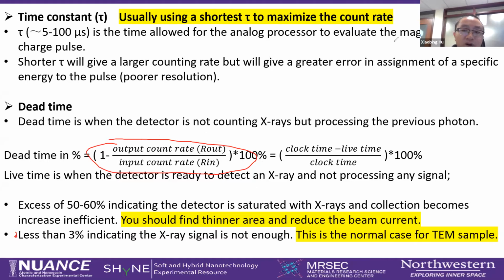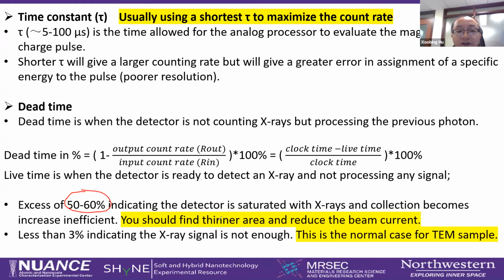When you do your experiment, if you see that the dead time is 50% or 60%, that is very high. This means the detector is saturated with X-rays and the collection becomes inefficient. For this situation, you have to adjust your parameters.